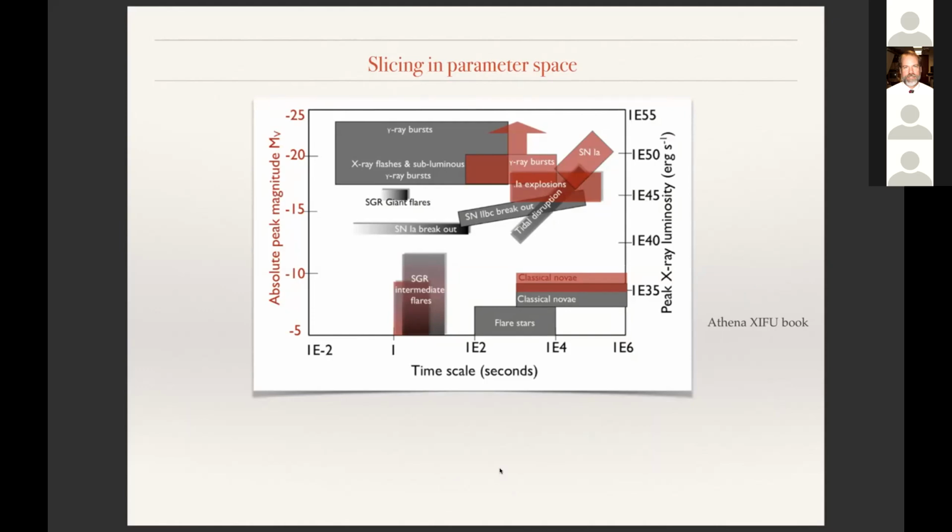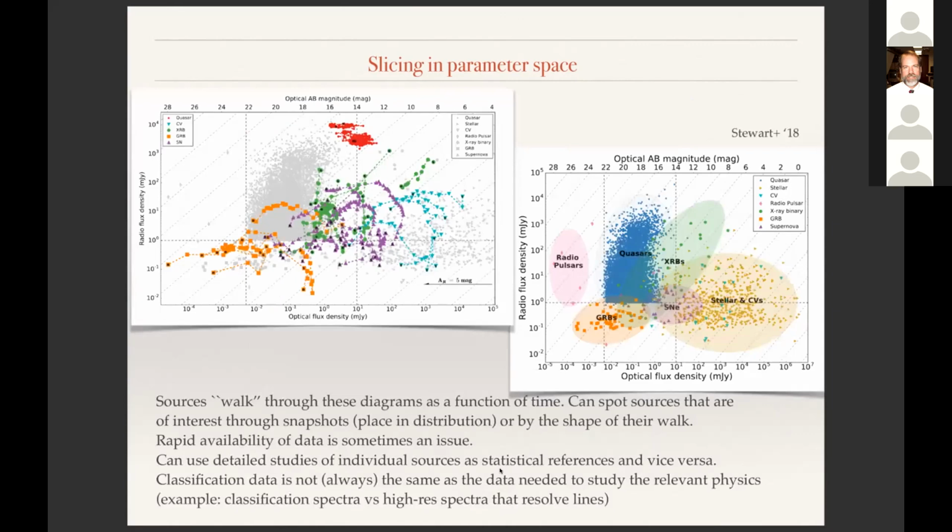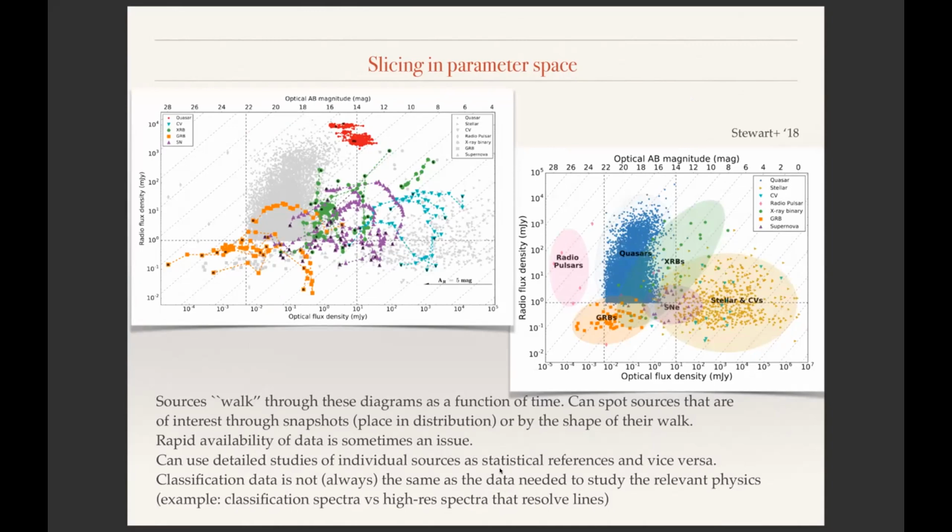Now you can take a different slice, like this down here. Here it's optical flux density versus radio flux density. On the right-hand plot, you can see a collection of data points of various transients at various stages of their life, all plotted and clustering out into different regions in this plot. But any given source, of course, moves in this plot as a function of time. It walks, if you like, and that is shown on the left-hand plot, where for a number of sources, the walk in this diagram is indicated.